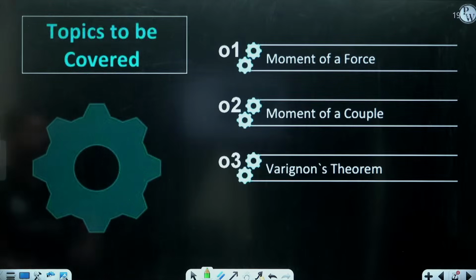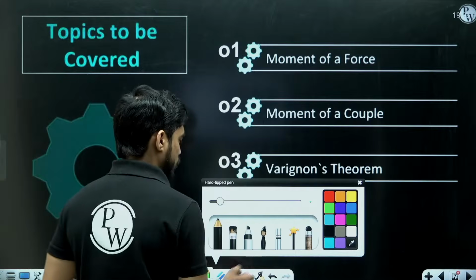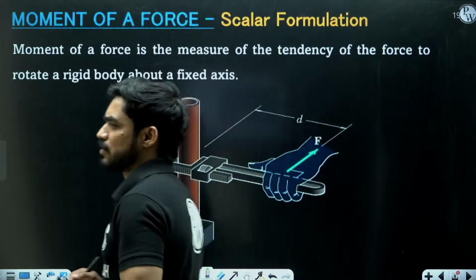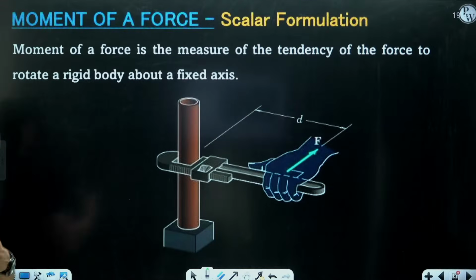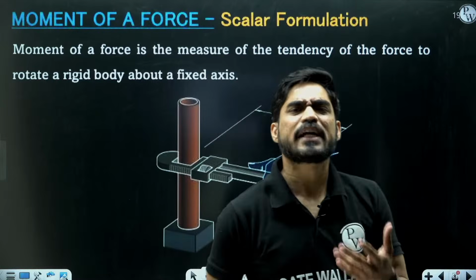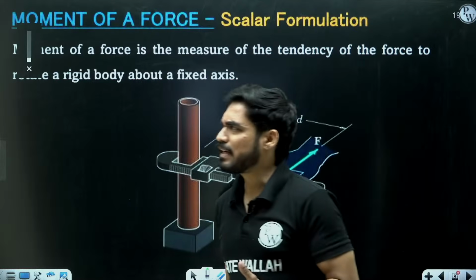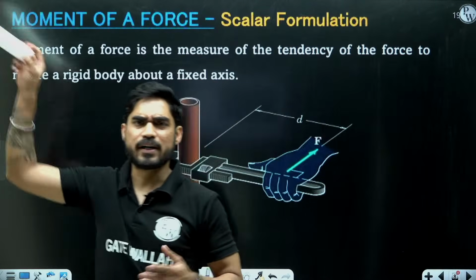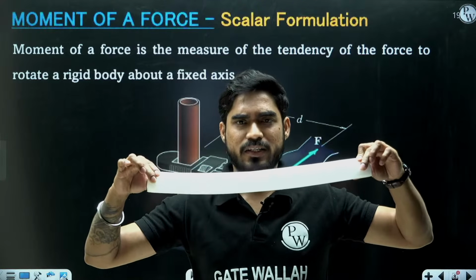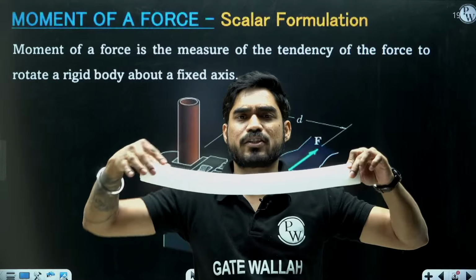Now let's begin this lecture. So let's understand what is moment. Moment means it is the tendency of a force to rotate a body. Let's say that this is a body. I am applying two forces along the axis of this body.